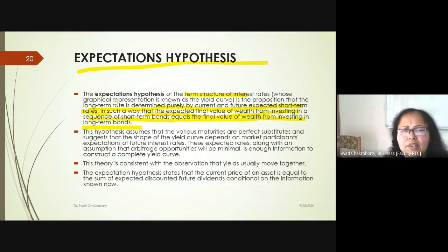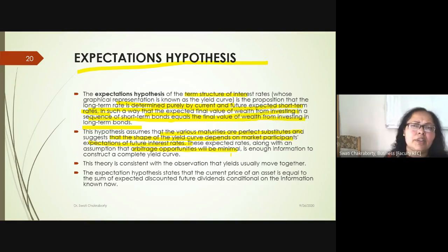And the graphical representation of the expectation hypothesis is the yield curve, right? So in this hypothesis, we assume that various maturities are perfect substitutes, and it suggests that the shape of the yield curve depends on market participants' expectation of future interest rates. So these expected interest rates, along with an assumption that arbitrage opportunities will be minimal.